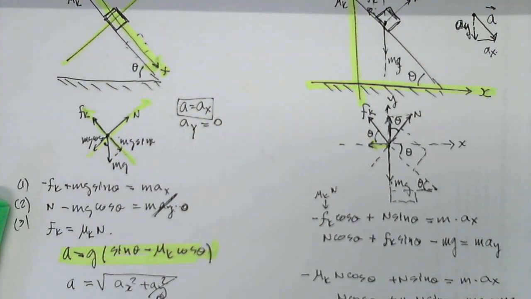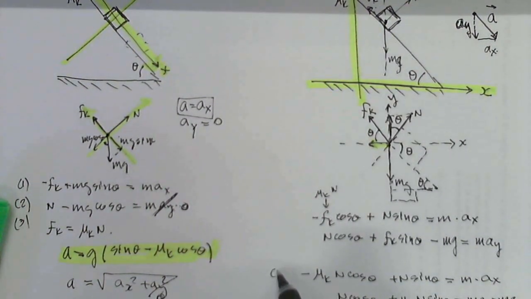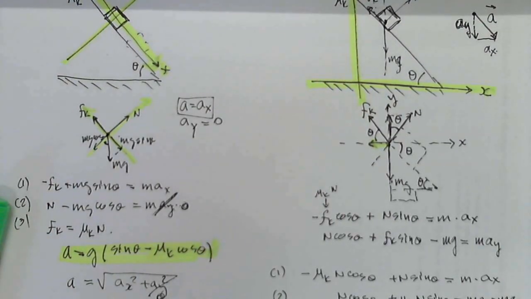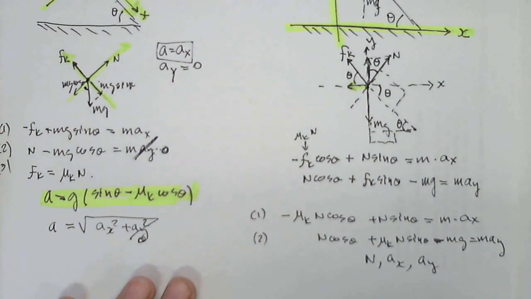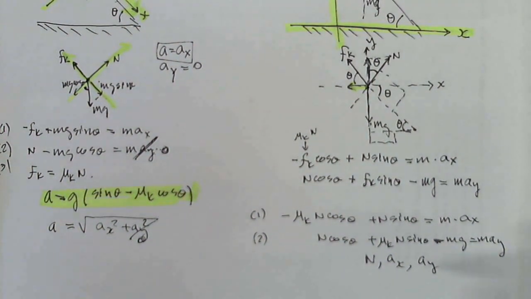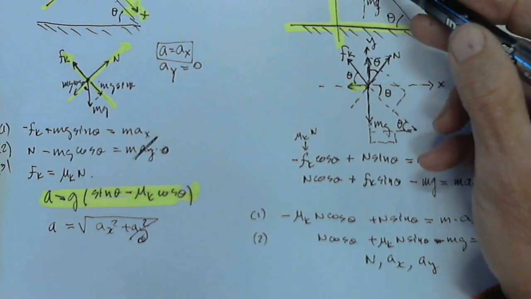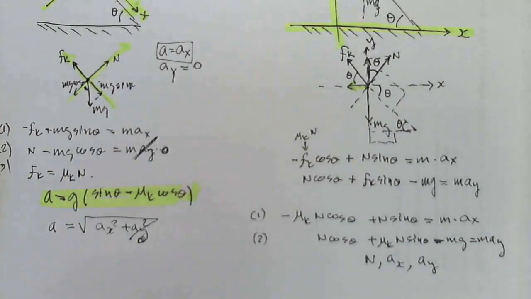And this cannot be solved because this is a system of two equations, but I have three unknowns: n, ax, and ay. So I need a third equation. The third equation is the constraint that the block moves along the horizontal.